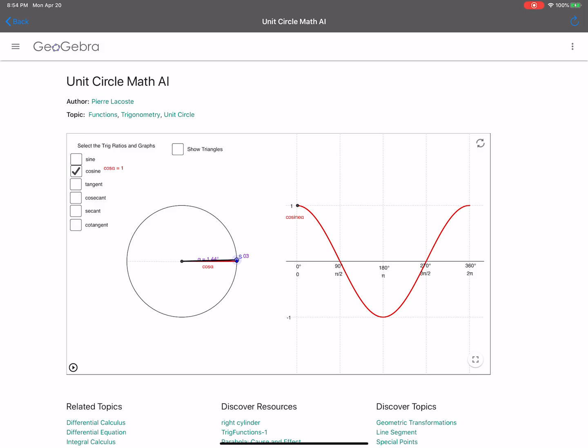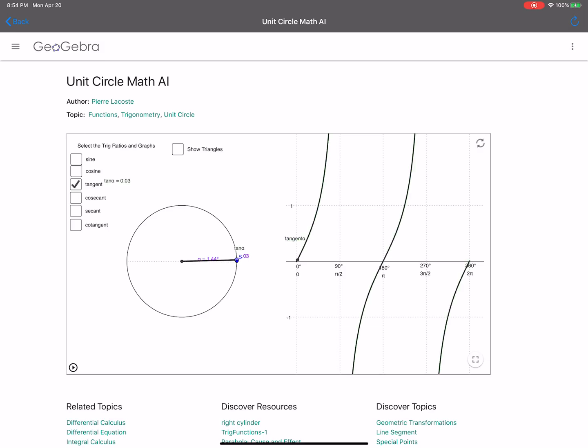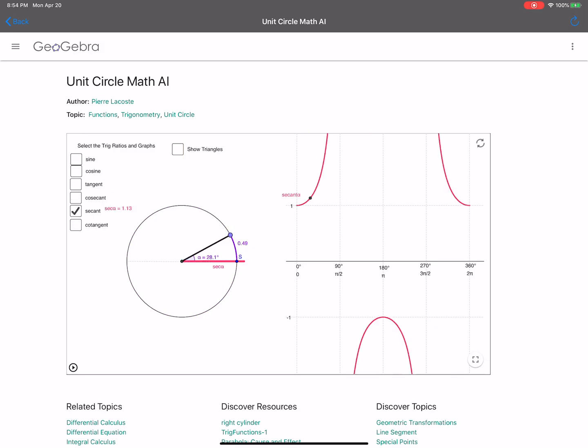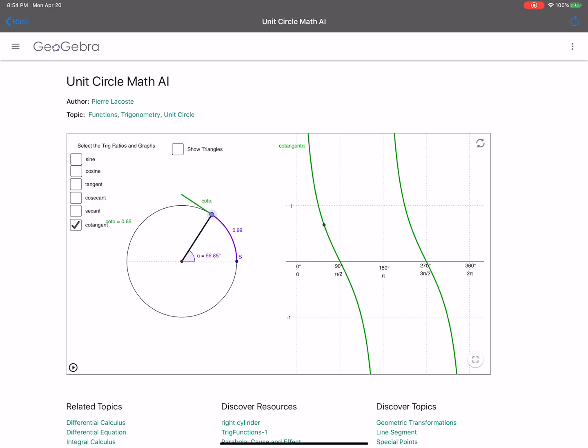Now I'm going to do a separate lesson, but just feel free to play with other ratios, such as the tangent, which has an interesting little graph there. And then even fancier are cosecant and secant and cotangent.